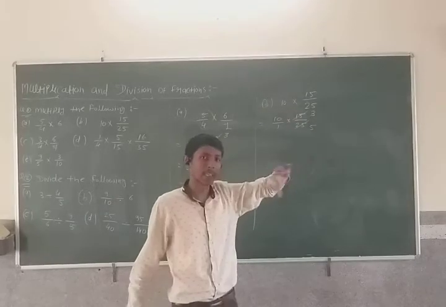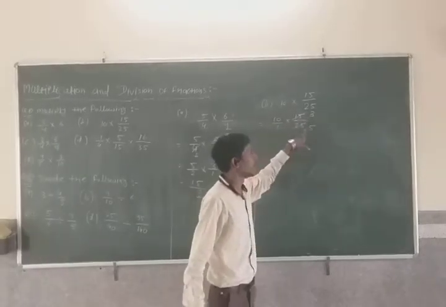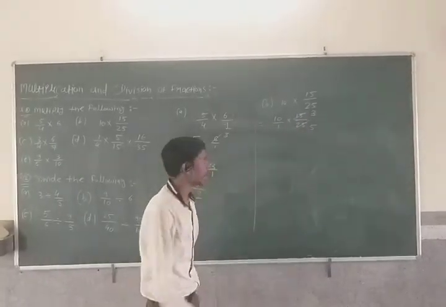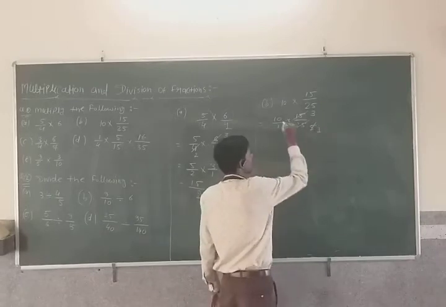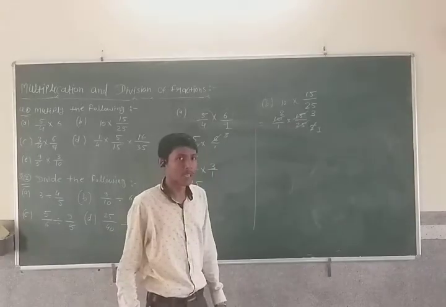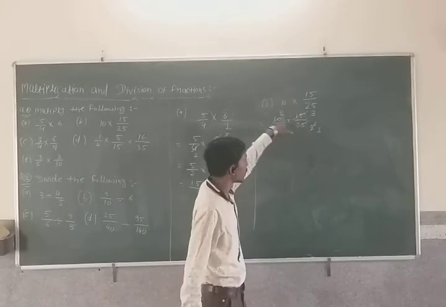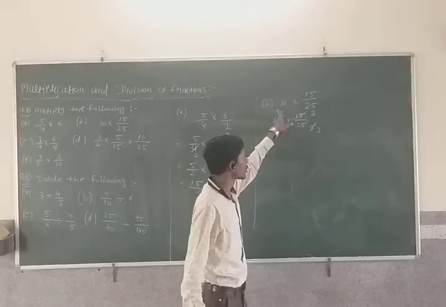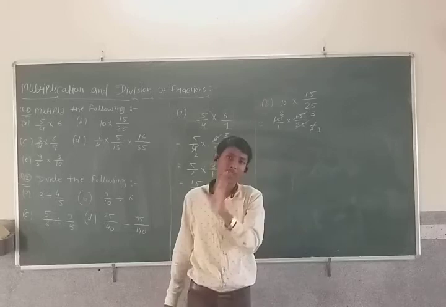They both are divisible by 5, so I divided by 5. 5 3s are 15, 5 5s are 25. Similarly now, this 5 can be simplified one time and this 10 can be simplified two times. Listen, I have simplified this denominator to the numerator, not numerator to numerator. We cannot simplify numerator to numerator.